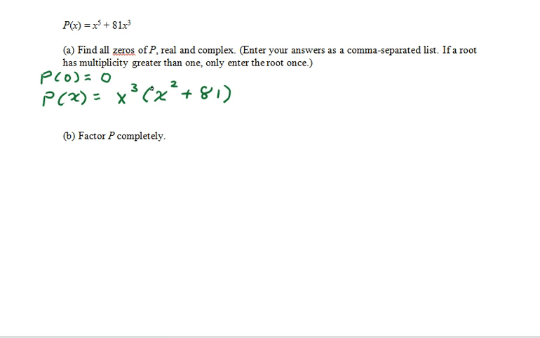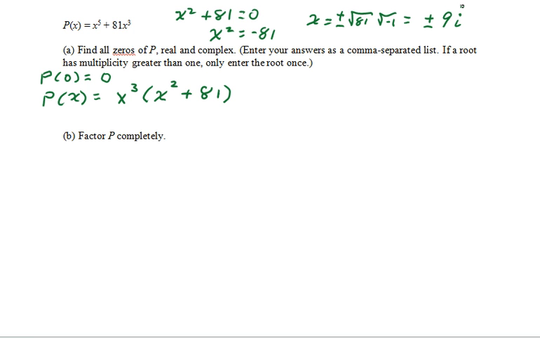We can find the zeros of x squared plus 81 by setting it equal to 0, subtracting 81 from both sides, and getting x equals plus or minus the square root of 81 times the square root of negative 1, which equals plus or minus 9i.